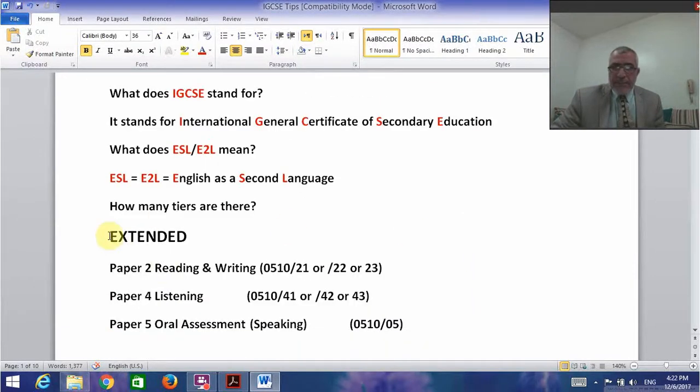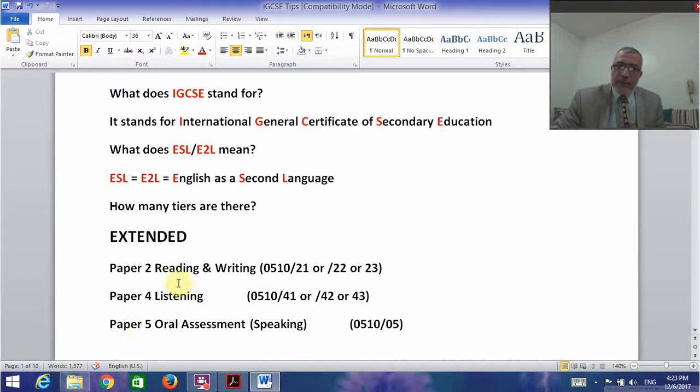As you know, you're doing the extended paper or the extended tier, which has three components. Paper 2, reading and writing, and the code is 0510, variants 21, 22, and 23. Then this is paper 4, which is listening, and the code is 0510, variants 41, 42, and 43.